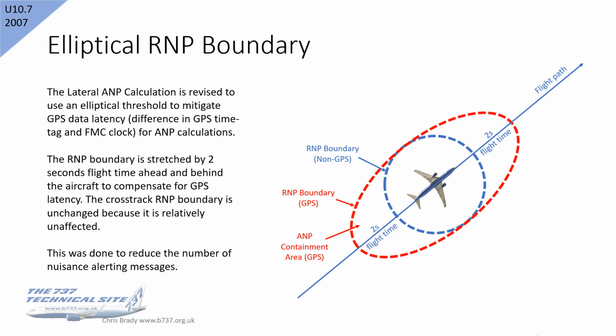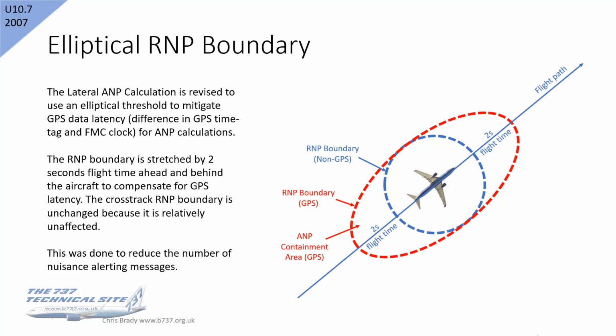The cross-track boundary is unchanged because the aircraft's not moving cross-track very fast, but it can move forwards and backwards quite quickly and accelerate as well. So the cross-track boundary is unchanged, but the on-track, i.e. the flight path boundary, has just been stretched out by enough to take away any random, any undesired errors in GPS data latency.